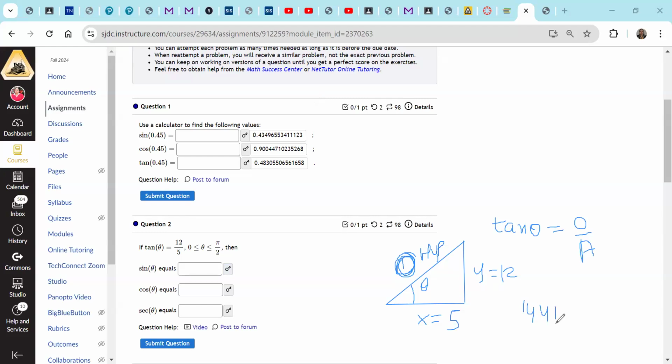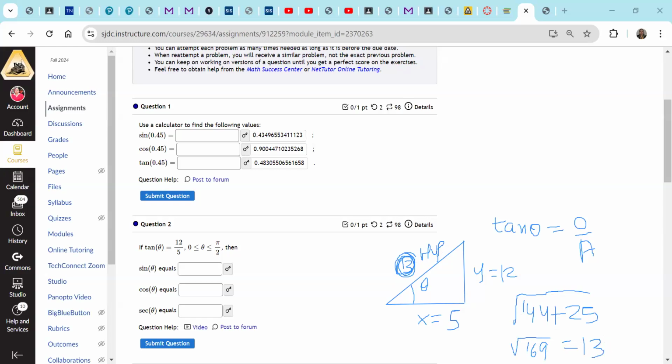If we add them up, it's 169. When you take the square root of 169, it would be 13. So this side would be 13, the hypotenuse side.